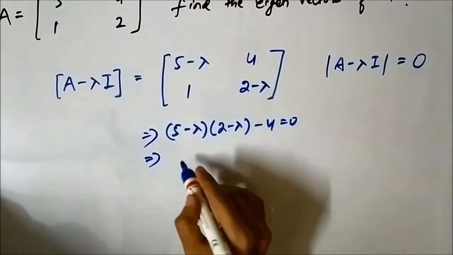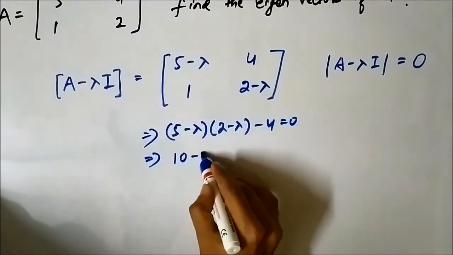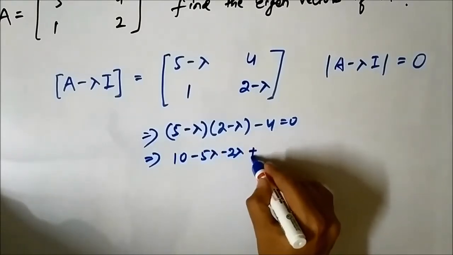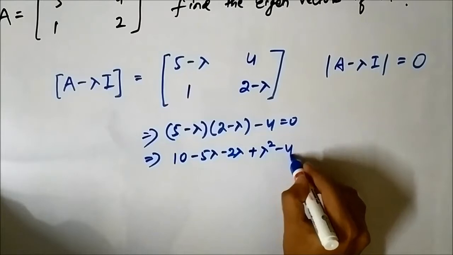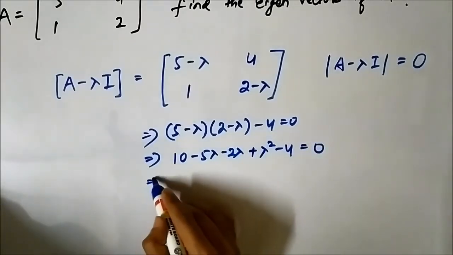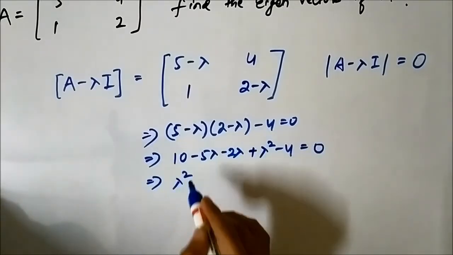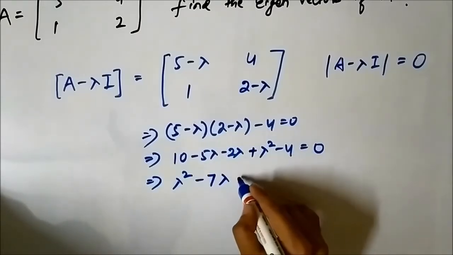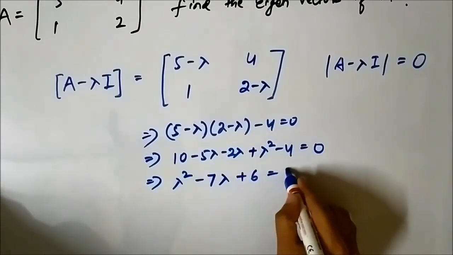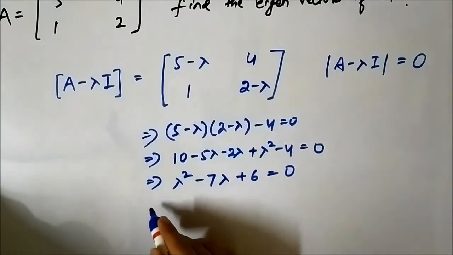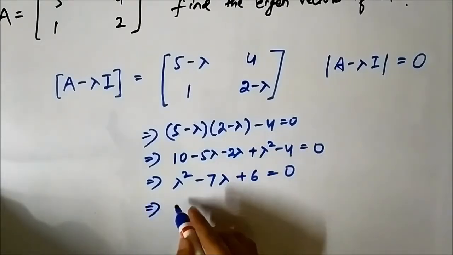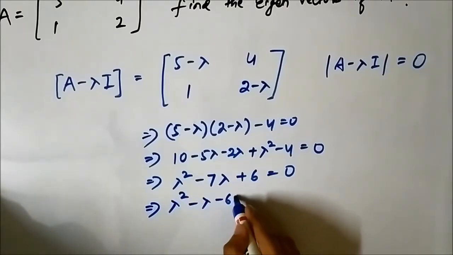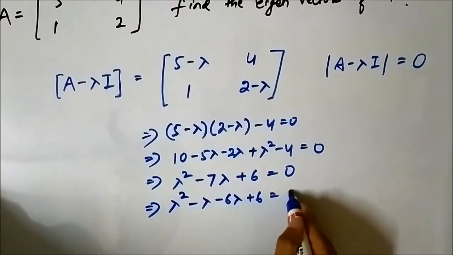That implies 10 minus 5 lambda minus 2 lambda plus lambda square minus 4 is equal to 0. That implies lambda square minus 7 lambda plus 6 is equal to 0. This is in the form of a quadratic equation. So it will be lambda square minus lambda minus 6 lambda plus 6 is equal to 0.